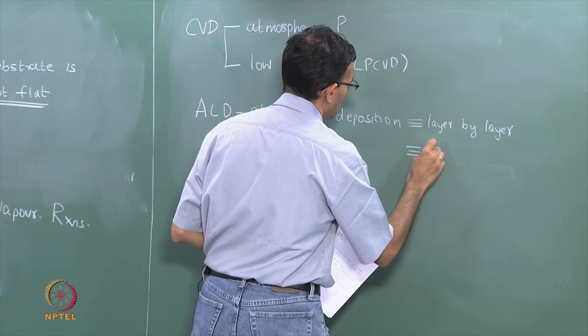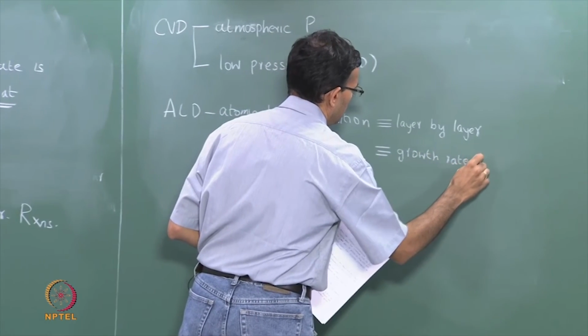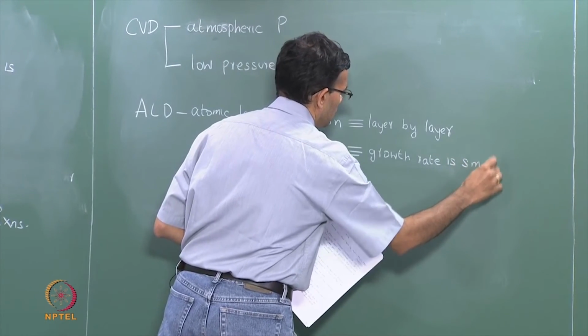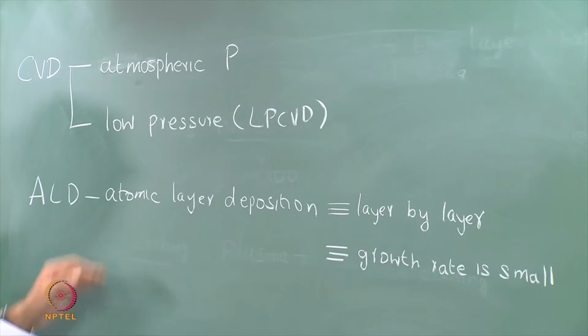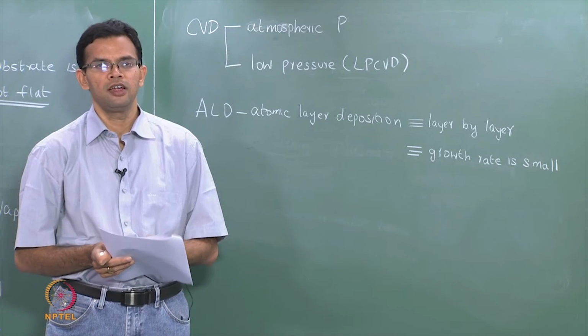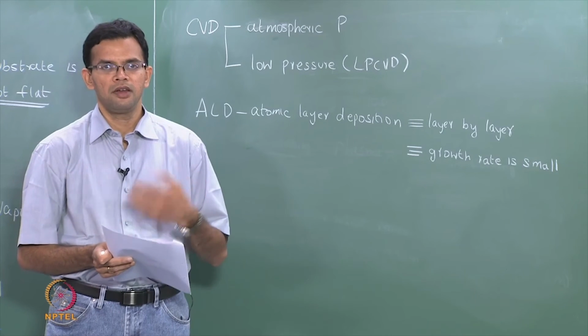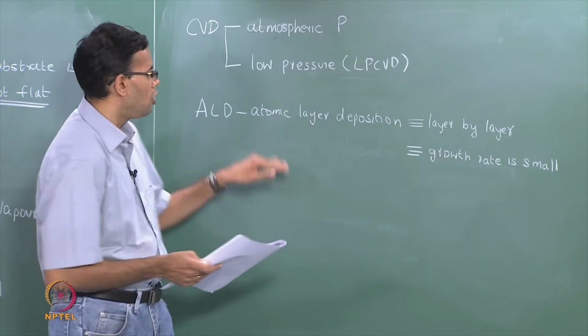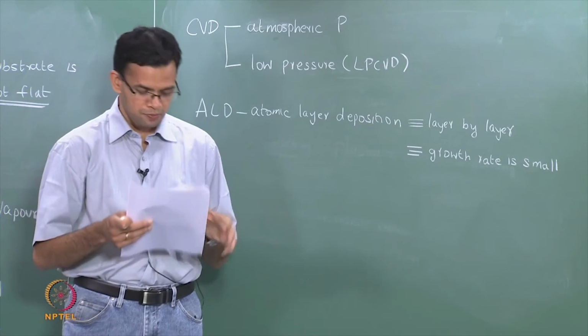So the growth rate is very small. But you can have very precise atomic growth. So ALD is actually just a variation of the CVD process, where instead of introducing the two gases together, one gas is introduced which forms a monolayer. It is then removed from the system. The second gas is introduced that reacts with the first monolayer in order to form a material. So you are essentially growing material monolayer by monolayer.